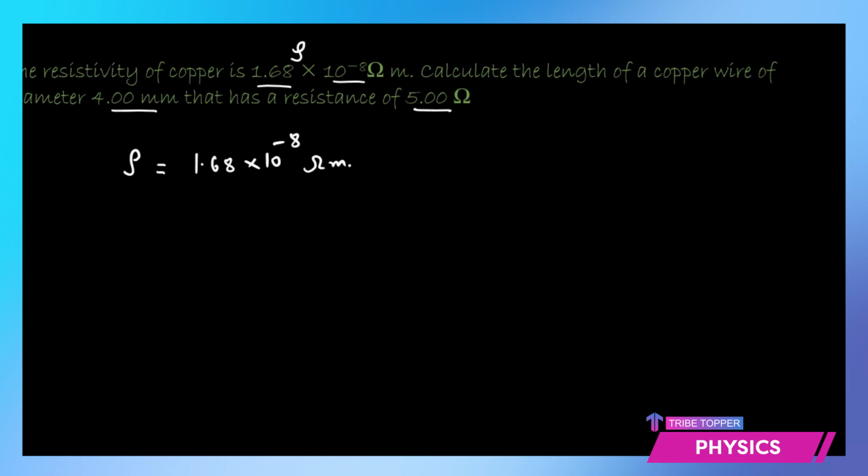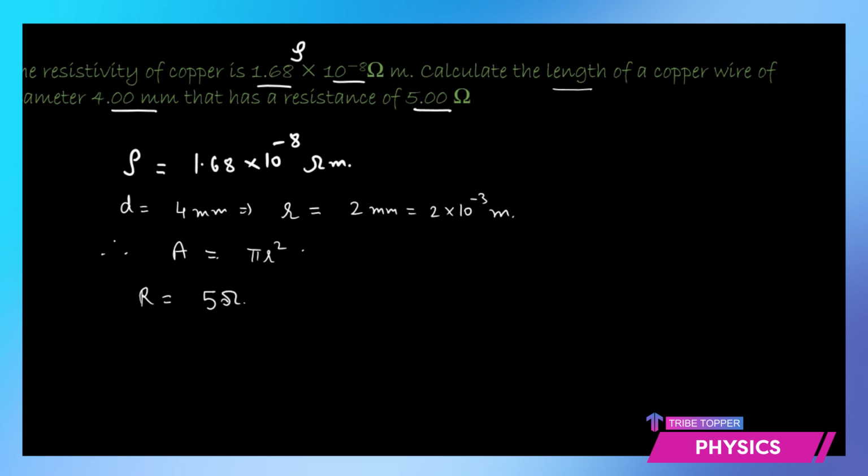The diameter is 4 millimeters, which means the radius of the wire is 2 millimeters, and that would be 2 times 10 to the power negative 3 meters. Therefore, the area of that copper wire will be pi r square. And the resistance is given to be 5 ohms.